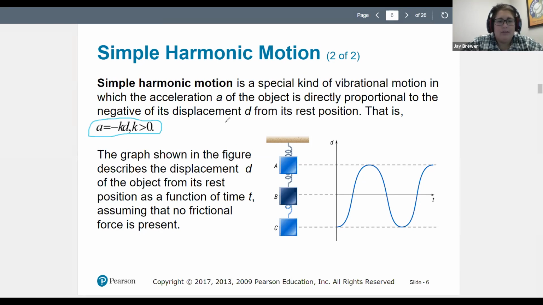The graph shown in the figure describes the displacement of an object from rest as a function of time t, assuming that no frictional force is present. Why are we happy that we're not looking at frictional force? I can tell you that sometimes in physics you're going to have to consider it, because friction sometimes messes up your calculations. Right, so you're not going to have something as nice as this curve here, okay? So we have to pay attention to that.